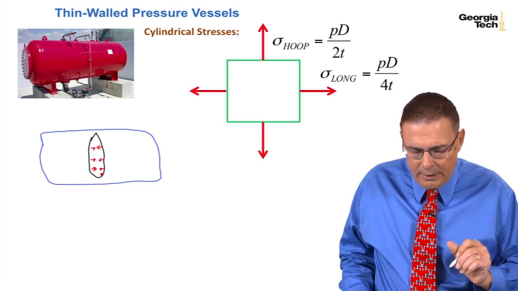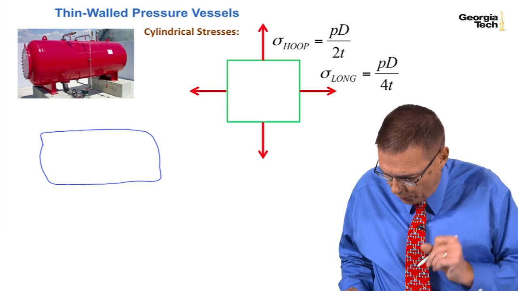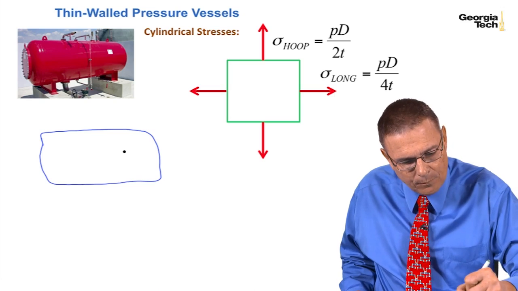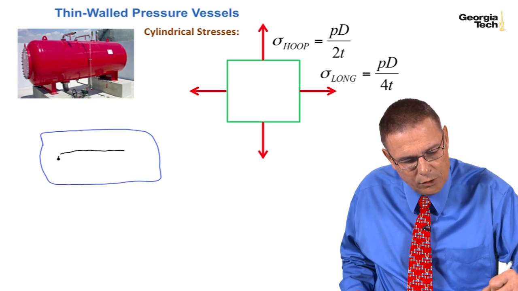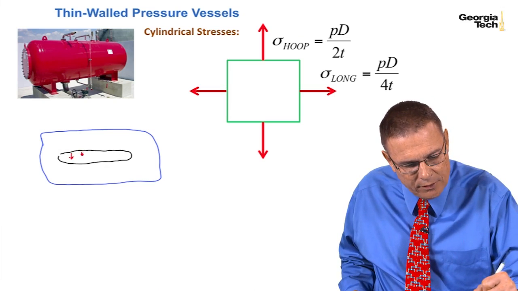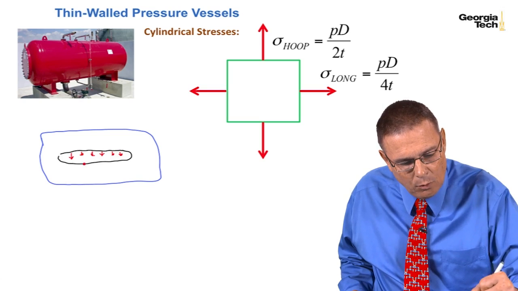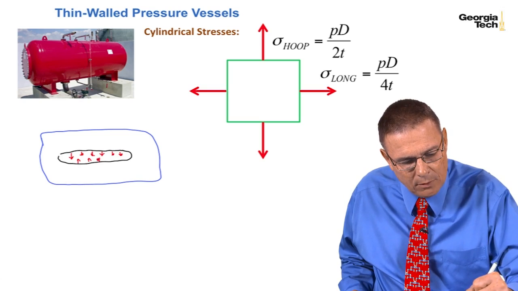If it failed instead on a horizontal axis, so if it split along a horizontal axis, now the stresses that would cause this to split would be the hoop stresses.